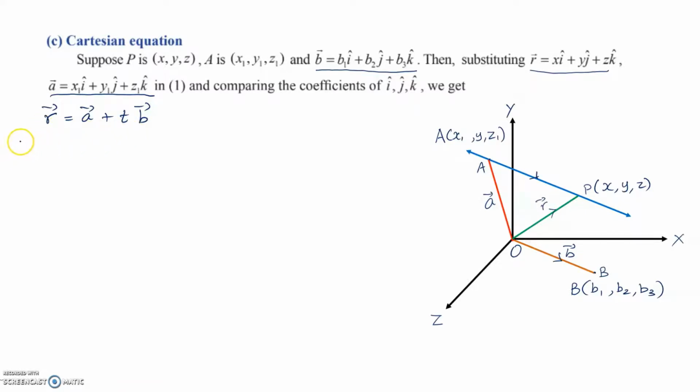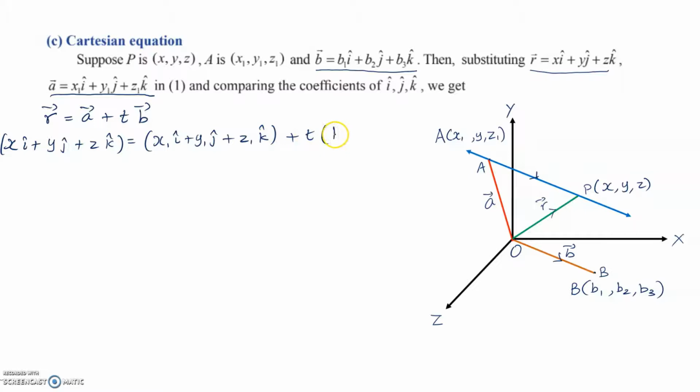R is x i cap plus y j cap plus z k cap, which is equal to our A vector, x1 i cap plus y1 j cap plus z1 k cap, plus t times, what's our B vector?